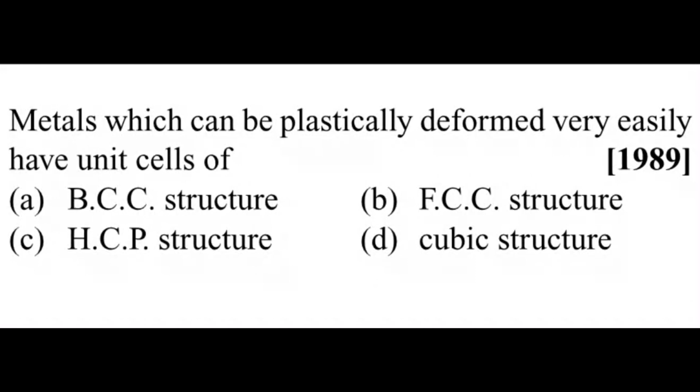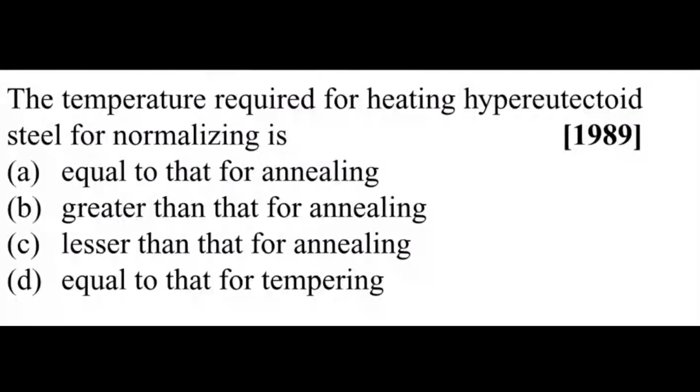Metals which can be plastically deformed very easily have unit cells of cubic structure. The temperature required for heating hypereutectoid steel for normalizing is greater than that for annealing.